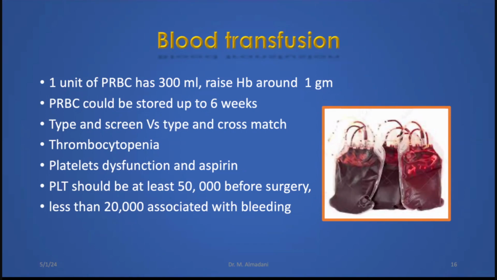That's why cross-match is very important before the transfusion. It is essential to ensure that this particular patient, once the blood is cross-matched, gets that blood. If you don't give it to that patient, it will be thrown away. So you cannot give cross-matched blood to another patient.